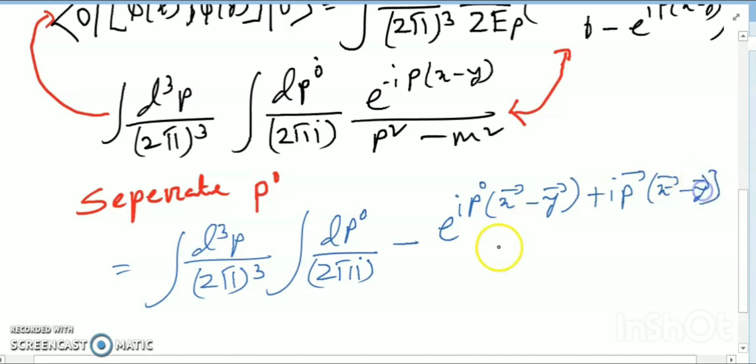So I can write dp0 over p square minus m square.